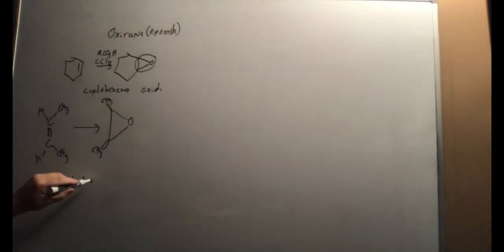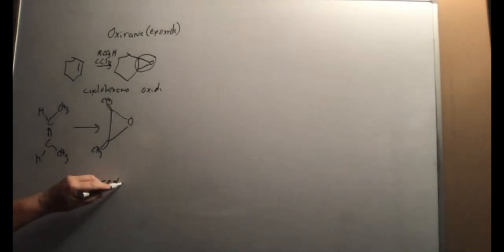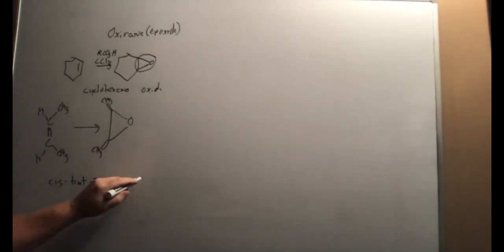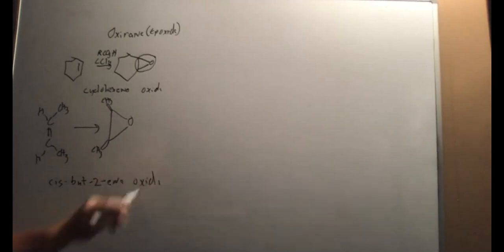So what's the name of this compound? But-2-ene, because notice the double bond is between the second and third carbon, and it was cis but-2-ene. So this would be cis but-2-ene oxide.